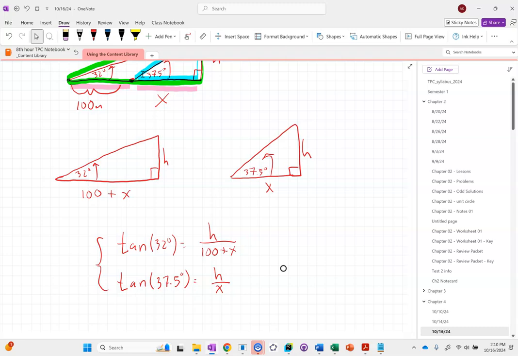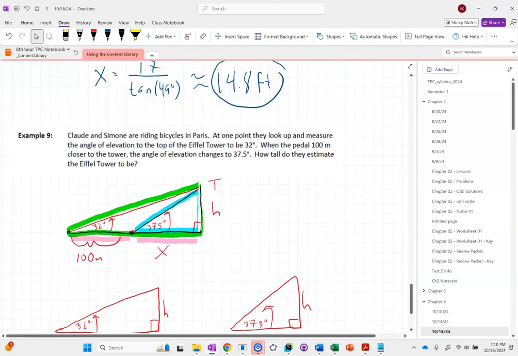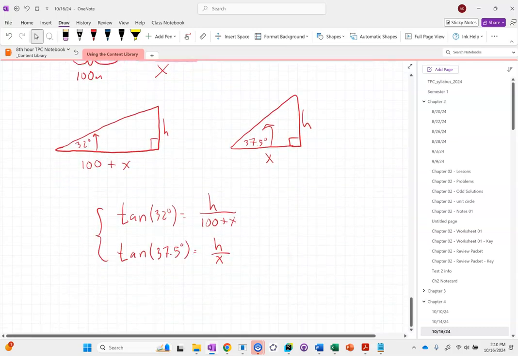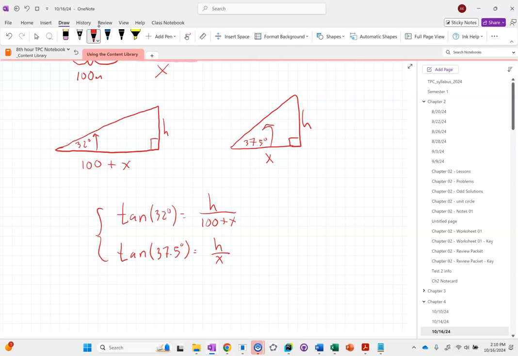Now, do I care about the value for both X and H? No. What is the question really asking us for? Only H. So I'm going to isolate the X only so I can plug it in to the other equation and get rid of the X's, so I'm left with just H's to solve for.